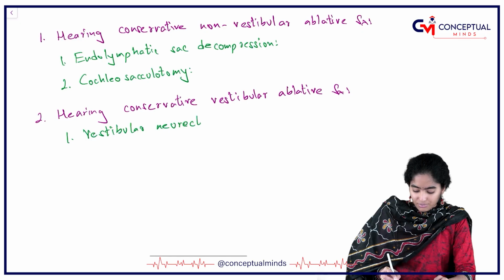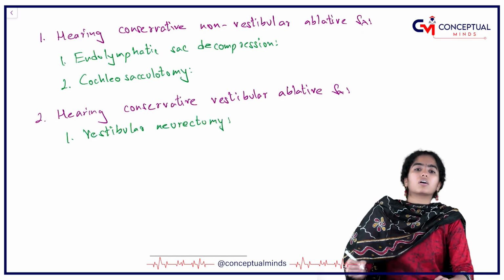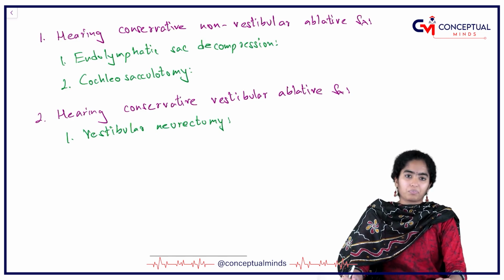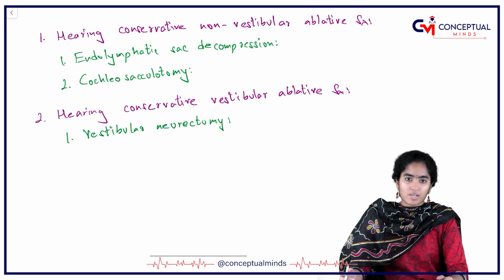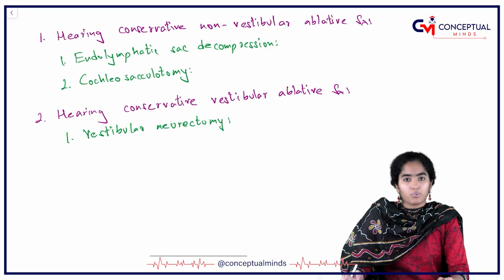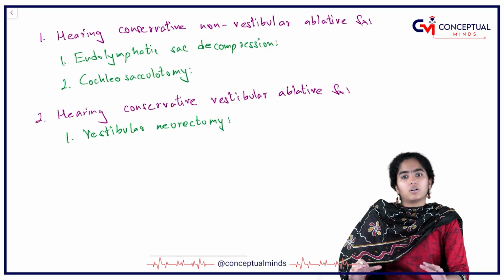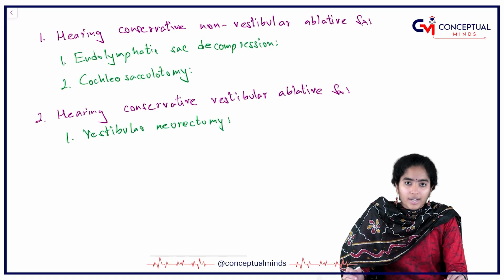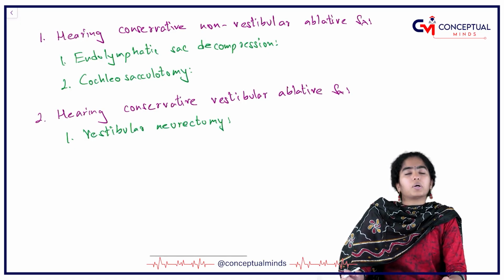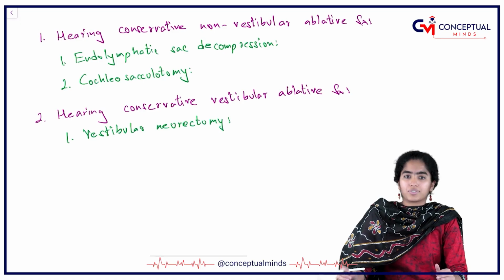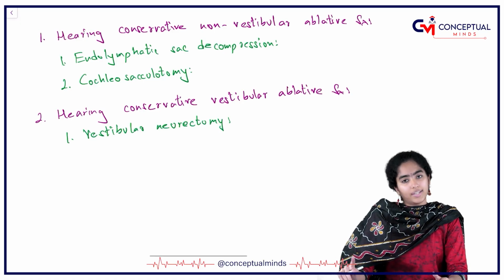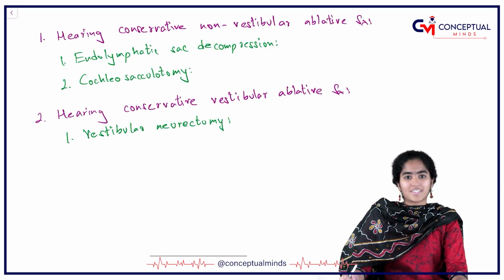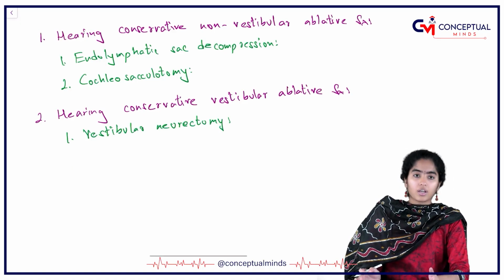As the name itself suggests, the vestibular nerve is resected either via middle fossa approach or a suboccipital approach or a retrosigmoid approach. We approach the vestibular nerve and resect it. And about 95% of the patients have complete resolution of vertigo after this surgery, and also their hearing is preserved. That is the advantage of vestibular neurectomy.